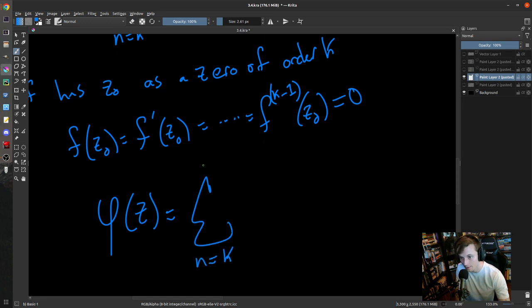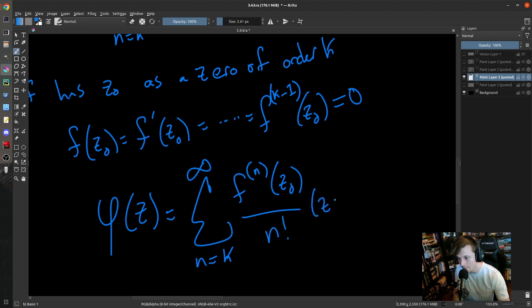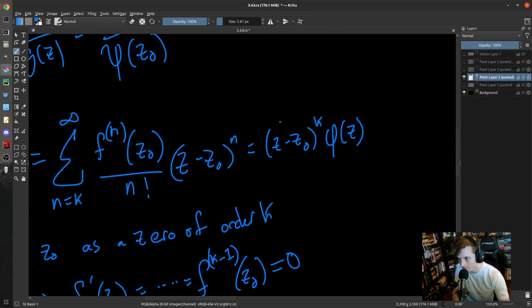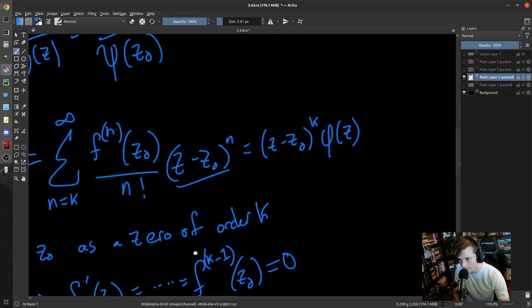The sum from n equals k to infinity of f to the n at z naught over n factorial, times (z minus z naught) to the n minus k, right? Just dividing everything by (z minus z naught) to the k in this series here. Okay.